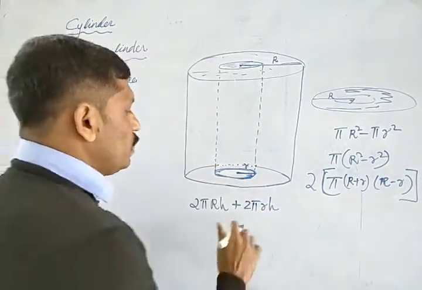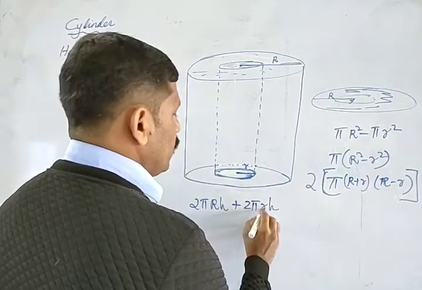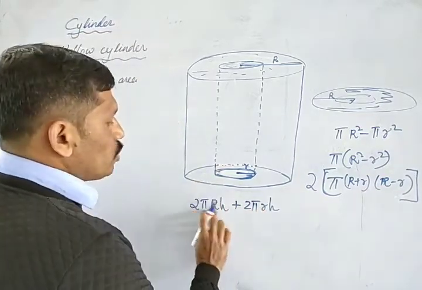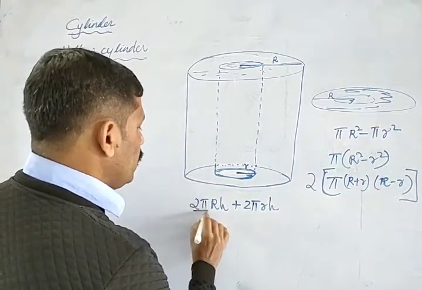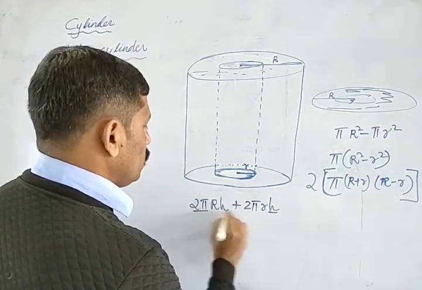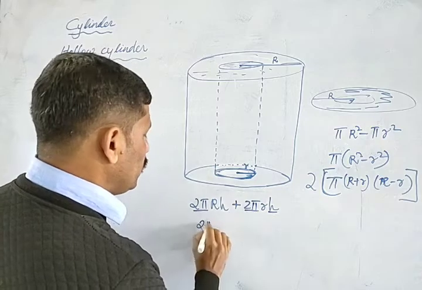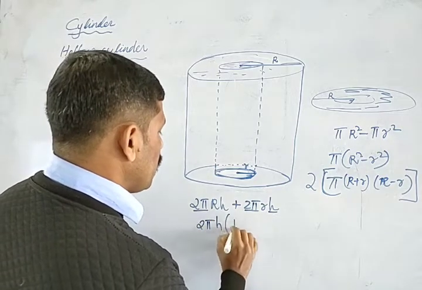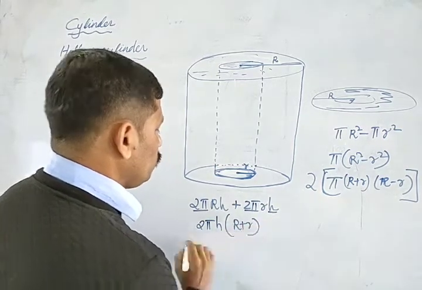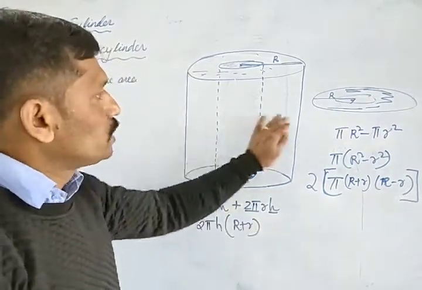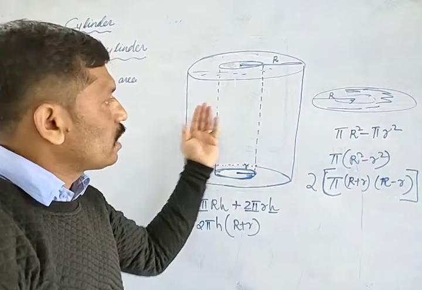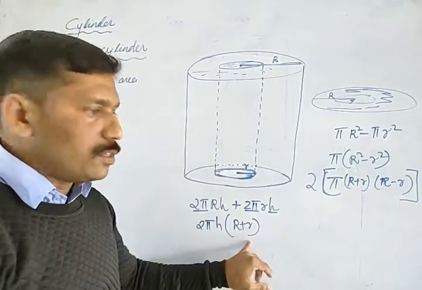All these we add. That means we add the external curved surface area and the internal curved surface area. Here 2 pi h is common, here also 2 pi h. So 2 pi h we take outside, and here R plus r. This is the sum of the external and internal curved surface areas.